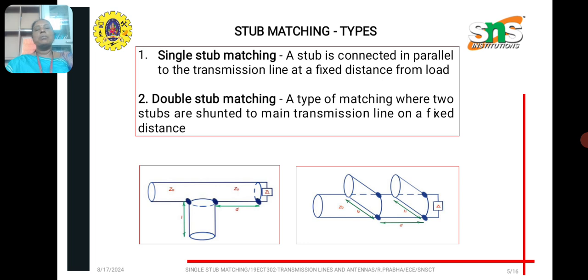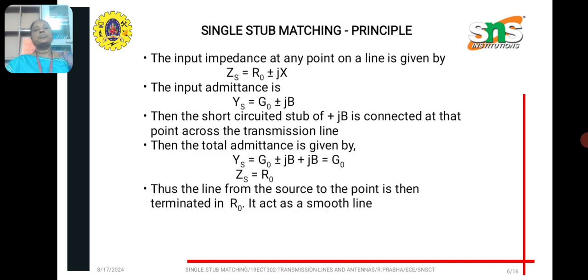In single stub matching, a stub is connected in parallel to the transmission line at a fixed distance from the load side. But in double stub matching, two stubs are shunted to the main transmission line at some fixed distances. In this video, we will discuss single stub matching, and its principle is that the impedance at any point on a transmission line is given by Zs equal to R0 plus or minus jX.